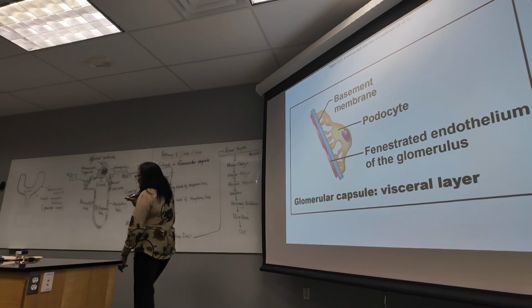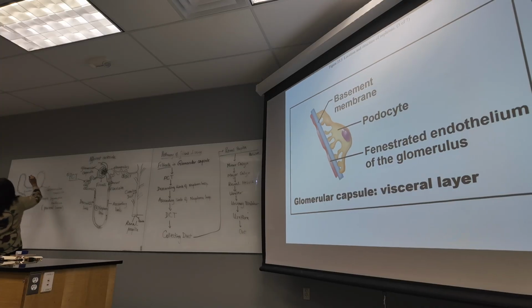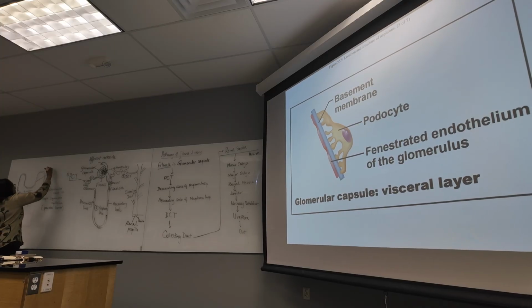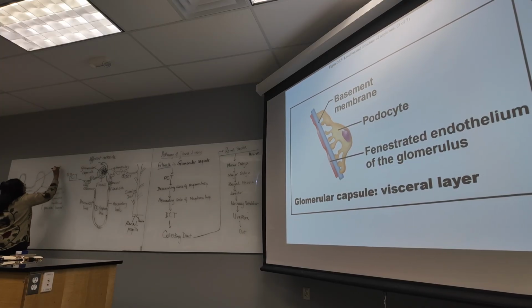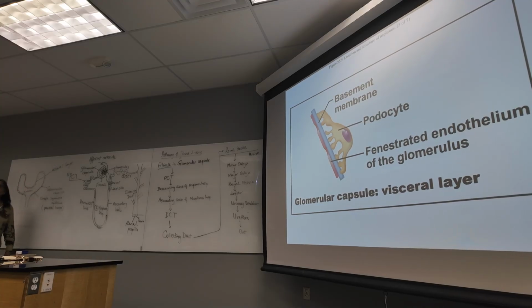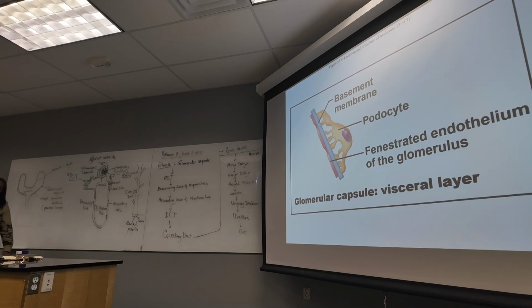So this inner wall, which is called the visceral layer, has modified squamous epithelial cells, which are suitable for filtration because you want things to come into this cup.